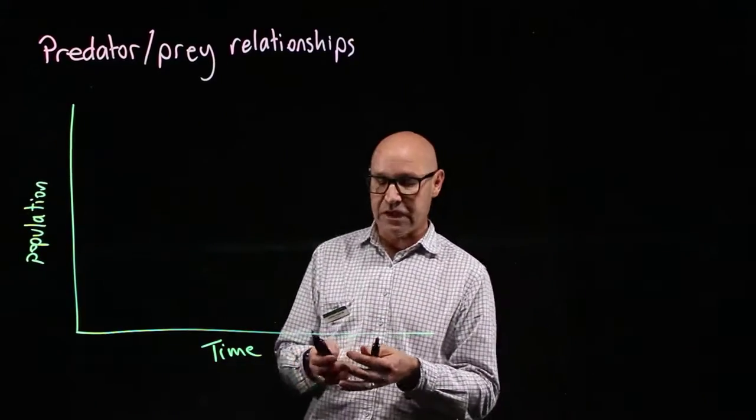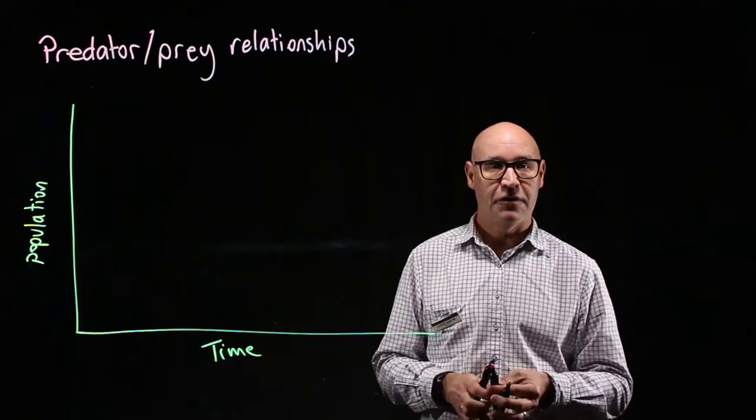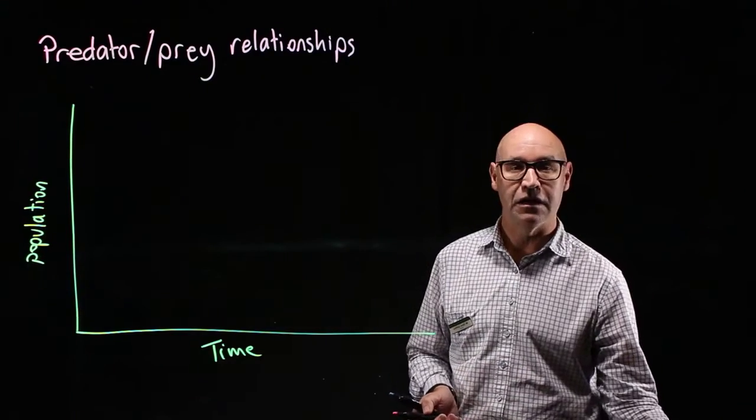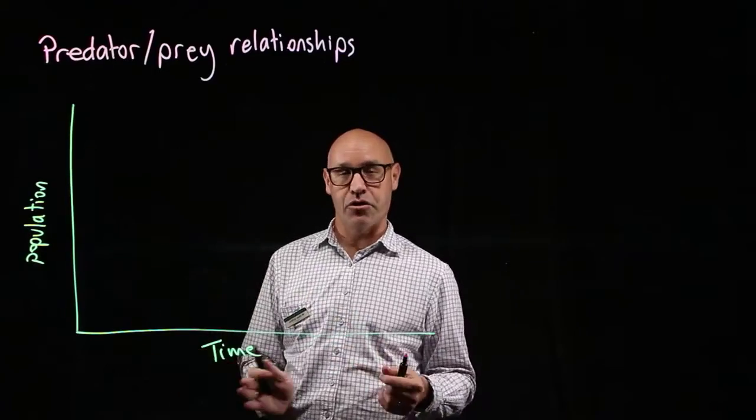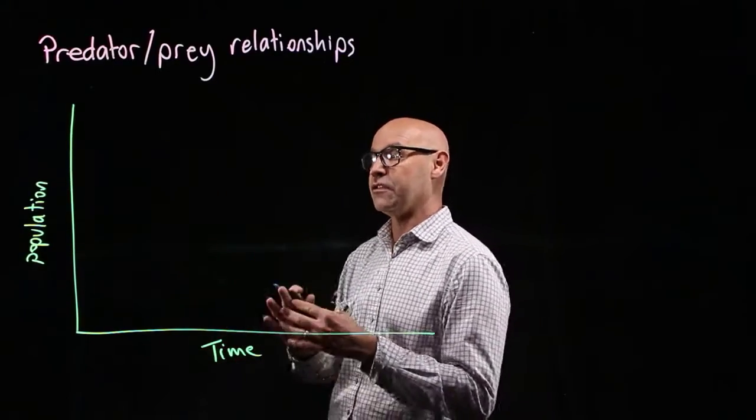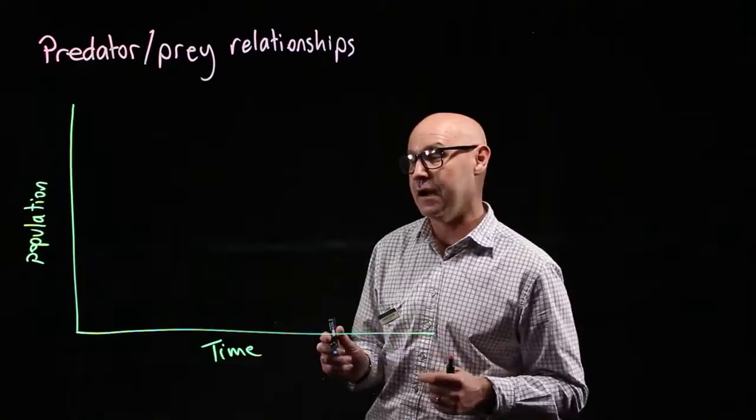I want you to see that there's a relationship between the predator population and the prey population. So firstly, I'm going to start by drawing the start of the prey graph.